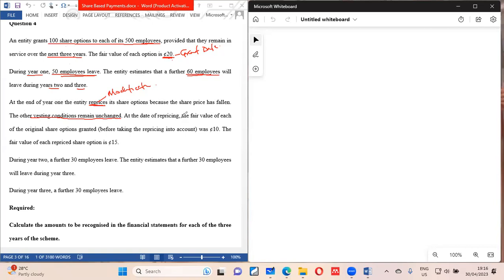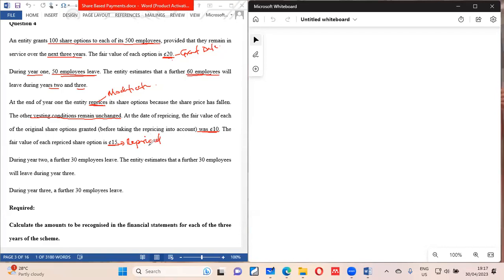At the date of repricing, the fair value of each of the original options granted, before taking into account the repricing, was what? 10. The fair value of each repriced share is 15. Okay. So this is the repriced.